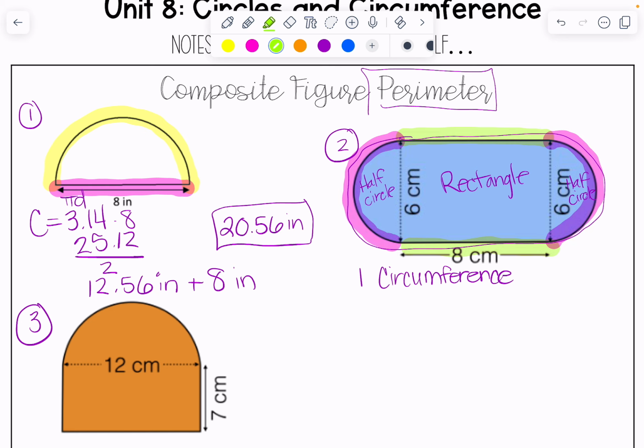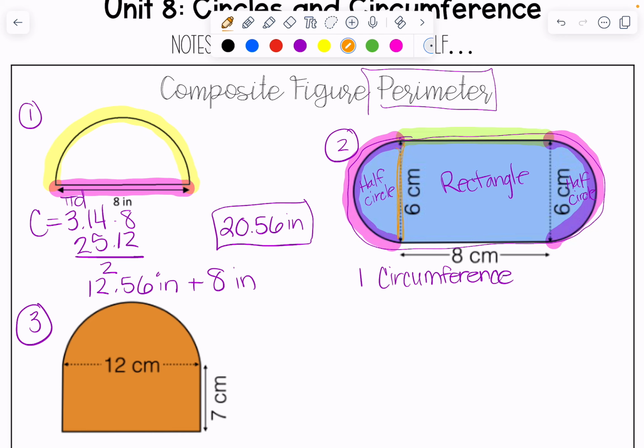So to find a circumference, I'm gonna identify if I have my radius or diameter. So when I look at this, I have the diameter of this circle. So the diameter is that distance all the way across, okay? And so the diameter is actually 6 centimeters. Again, I don't need to double that. The diameter, the distance across that circle, is still 6 centimeters.